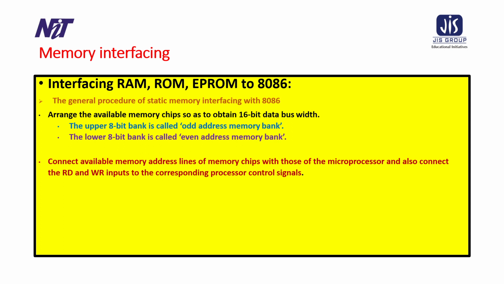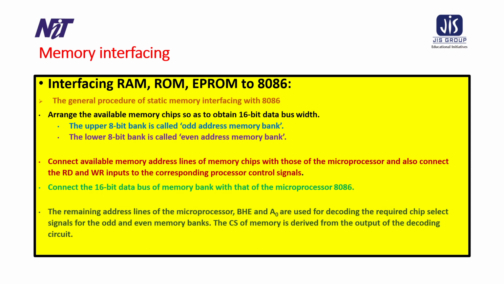Connect the available memory address lines of the memory chips with those of the microprocessor, and also connect the control signals RD and WR inputs to the corresponding processor control signals. Connect the 16-bit data bus of the memory banks with that of the 8086 microprocessor.